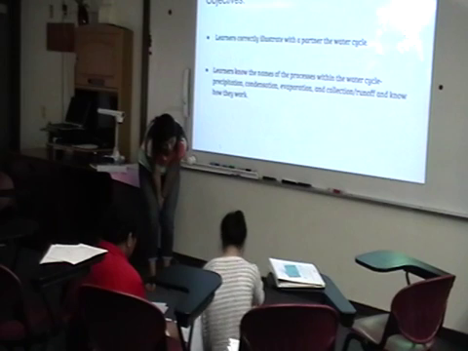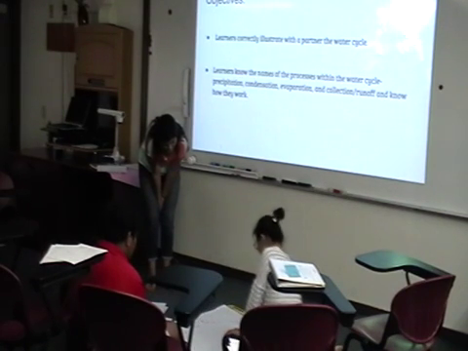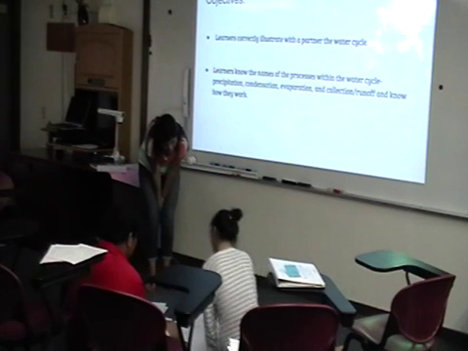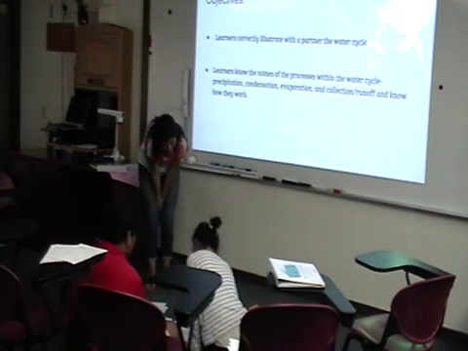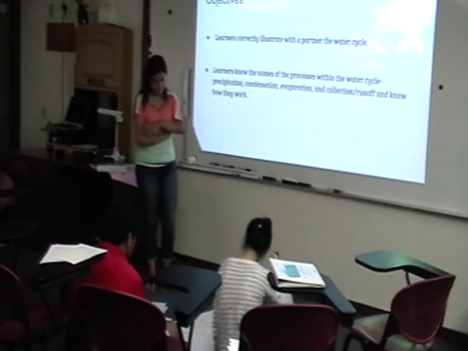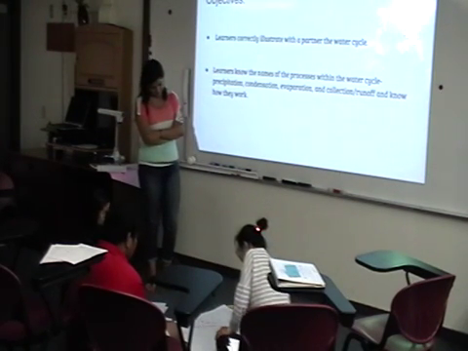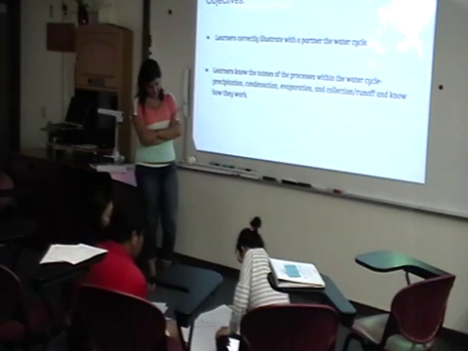And then after it goes back to the water, it is the fourth stage, which is... no, not this one, it's precipitation. Good job. And the last one is collection, because the ocean collects the water back.